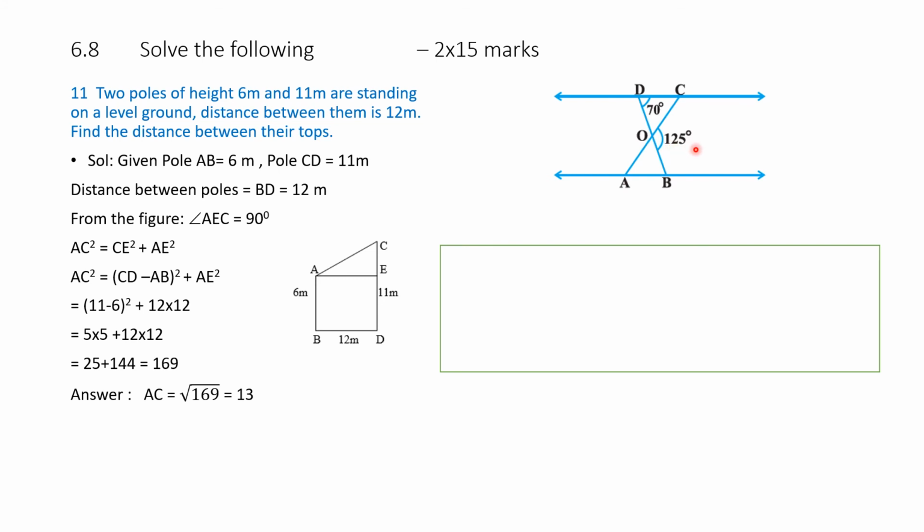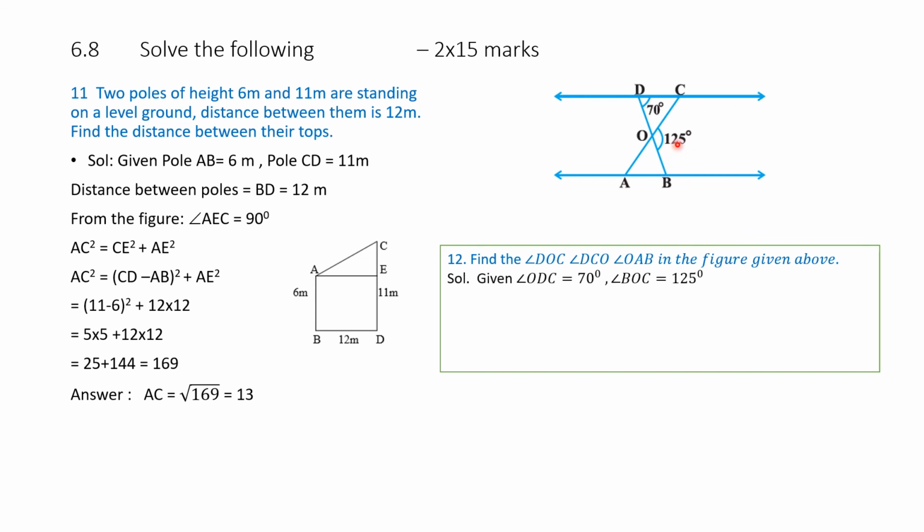In the given figure, two angles are given, angle D and angle COB. We have to find angle DOC, DCO and OAB. Given angle ODC is 70 degrees in the figure and angle BOC is 125 degrees.